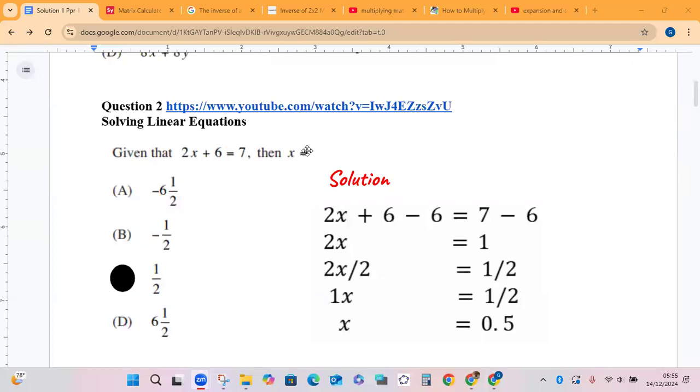The topic that this question is testing is solving linear equations. So you copy this, you paste this in YouTube, and you get more examples and you put pen to paper.